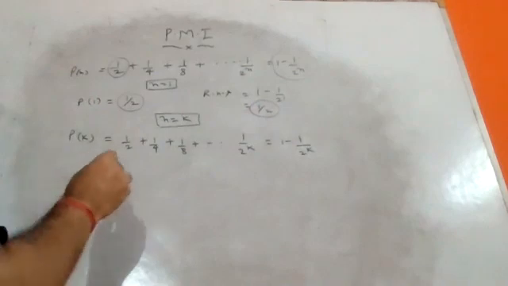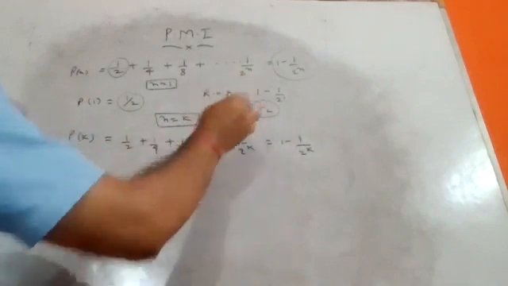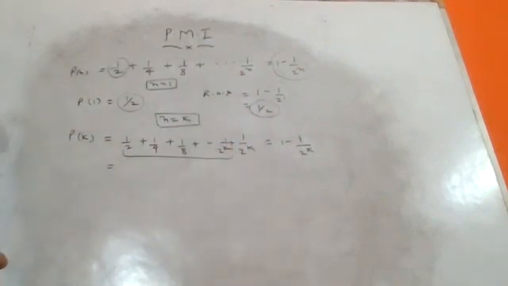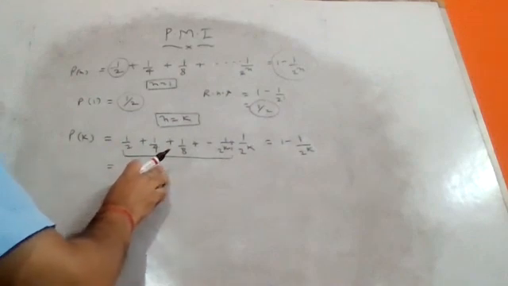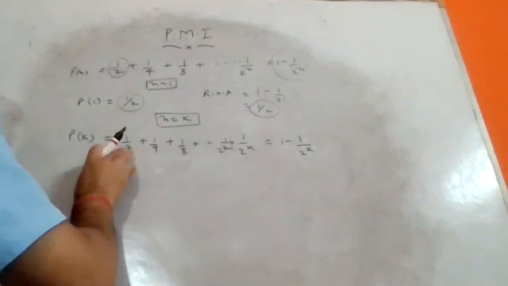Now this series we have already done in the last 3, 4 and 5 questions. This is for k, not for k plus 1.